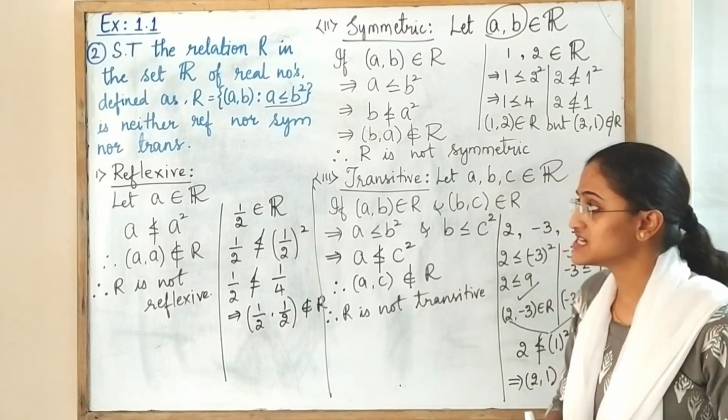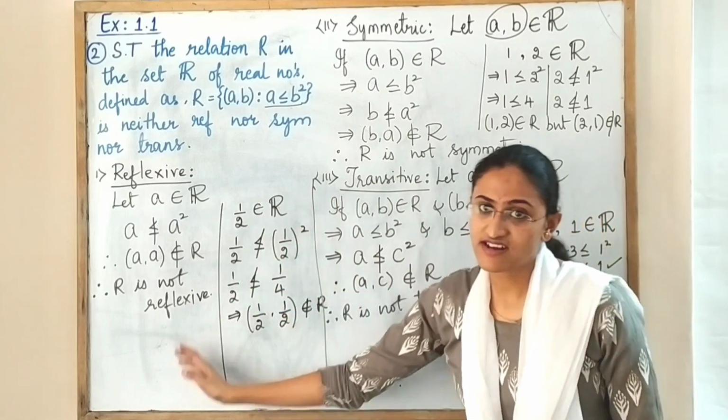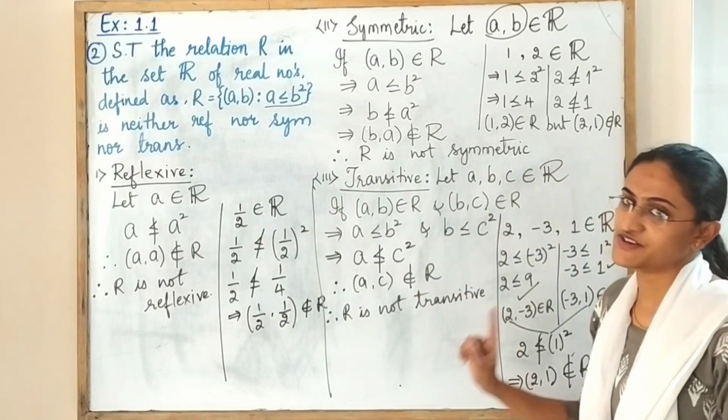Hence we have proved that the relation R is neither reflexive nor symmetric nor transitive.